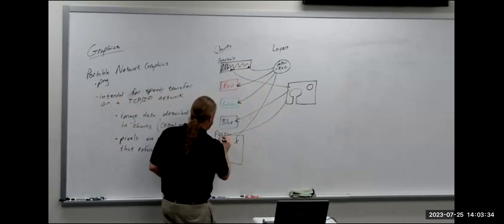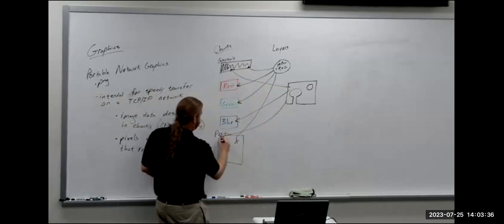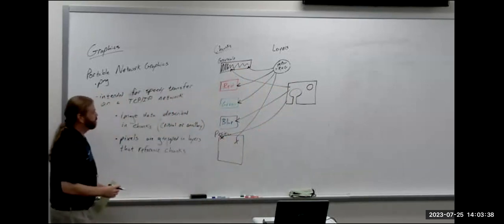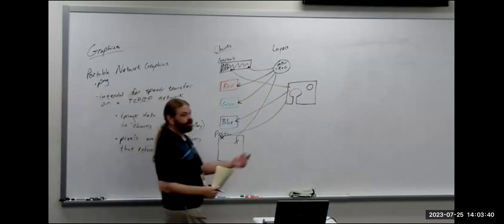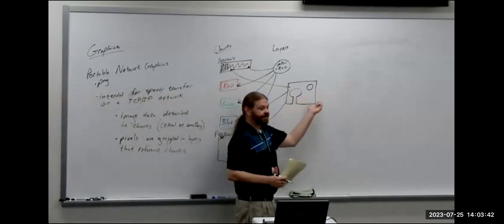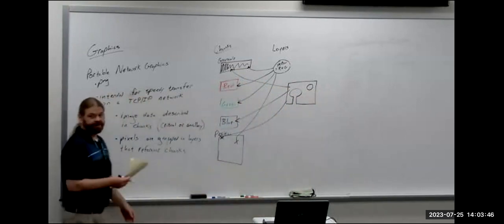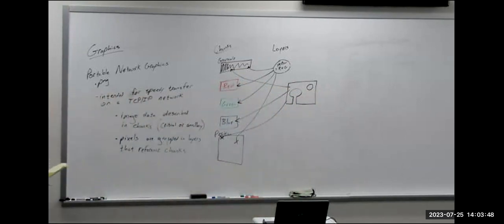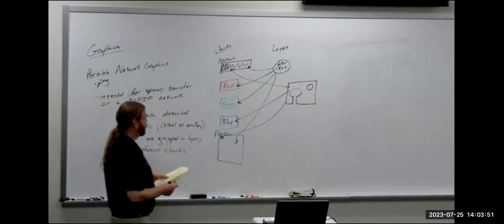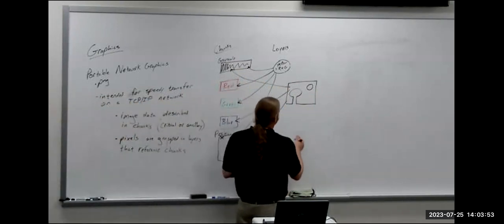And it references a position chunk right up here in the corner. And there are actually holes in that layer. So the transparency in a ping is slightly different. We can leave holes in there.